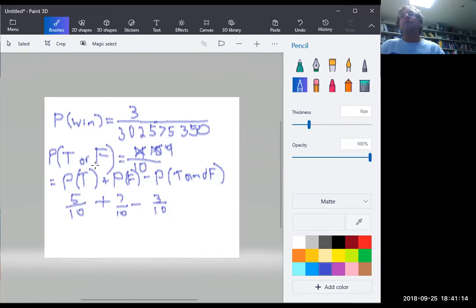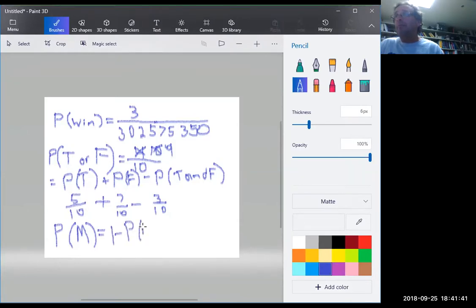Okay, so that's an or question, and we have an and question. The other thing we can do is say the probability of, let's say, M. The easiest way of doing probability of M, if you already know the probability of female, is 1 minus the probability of not M. M being male, by the way.